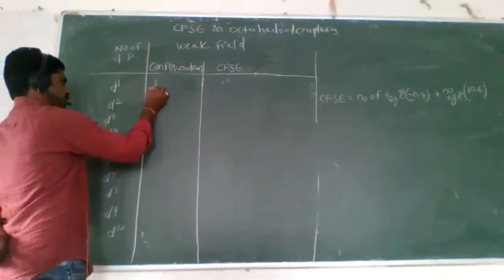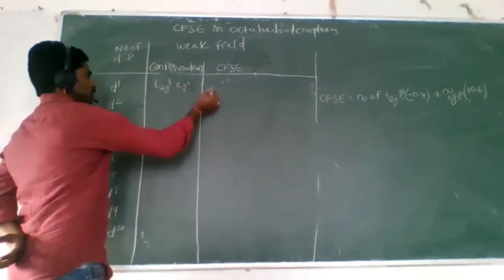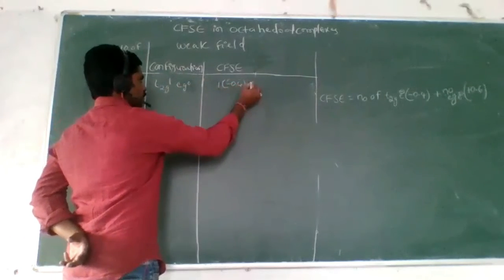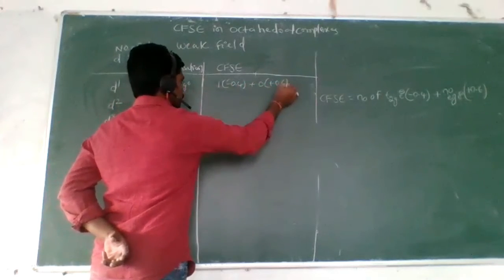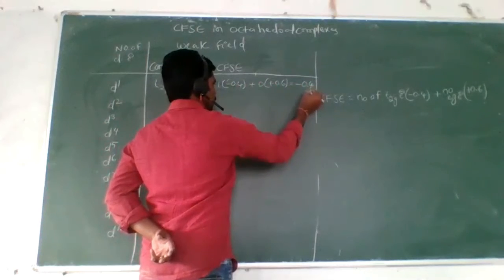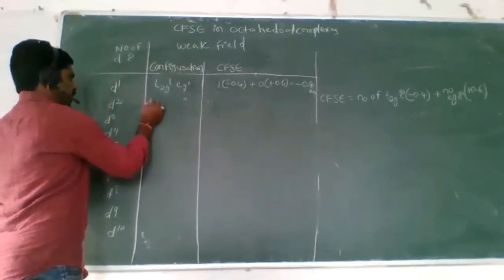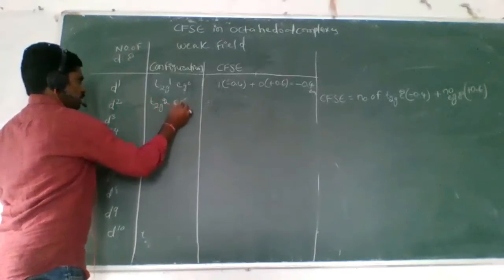The configuration t2g1 eg0. So 1 into minus 0.4 plus 0 into plus 0.6 equals minus 0.4 delta naught. Next d2, t2g2 eg0.